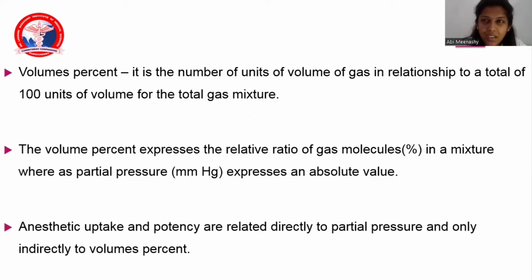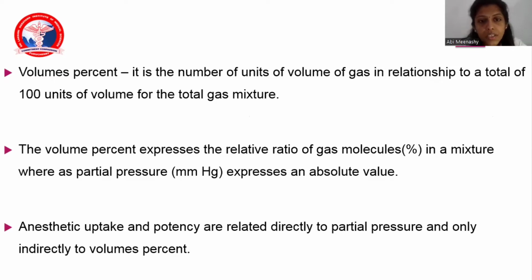Volumes percent is how they express the concentration of the gas. It is the number of units of gas in relationship to a total of 100 units of volume of the total mixture. That's how they express it as volumes percent.